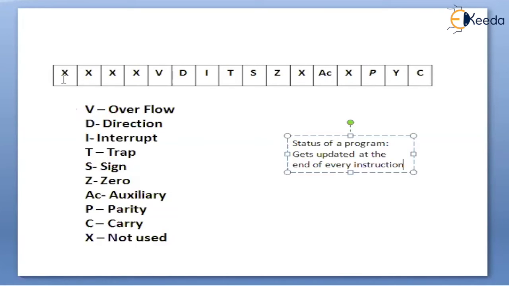Here, there are a few X's you can see: X, X, X, X, and X here. That's it. Now I have several flags: 1, 2, 3, 4, 5, 6, 7, 8, 9, 10. I have 10 flags, but there is a 16-bit register, so some of the digits cannot be used.